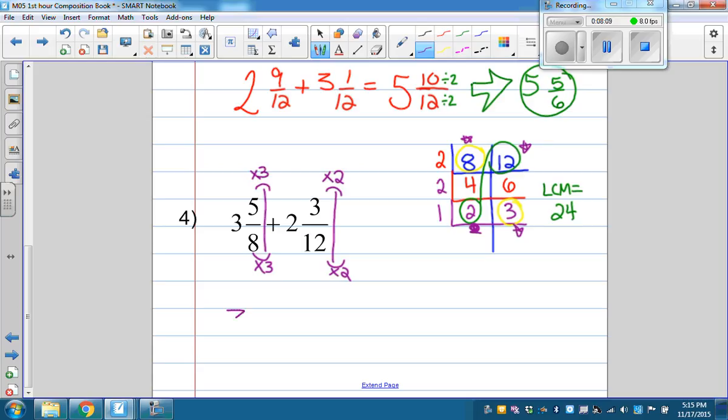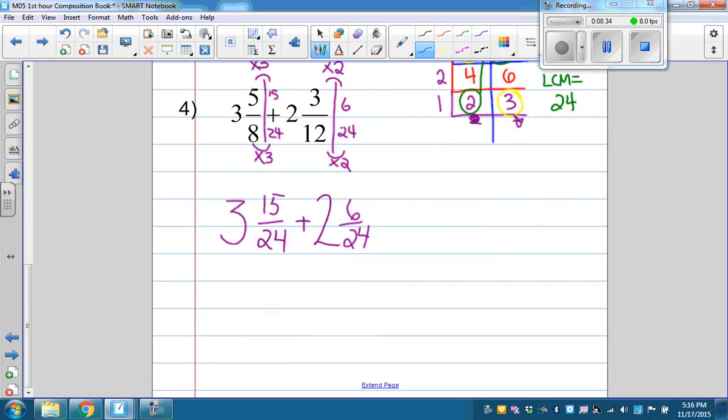We read the problem, 3 and 3 times 5 is 15. So 15, 8 times 3 is 24, 24ths, plus 2, 3 times 2 is 6, 12 times 2 is 24, 2 and 6, 24ths.